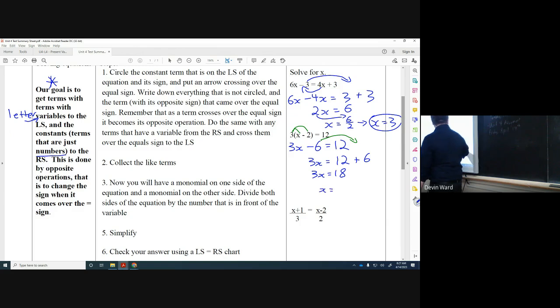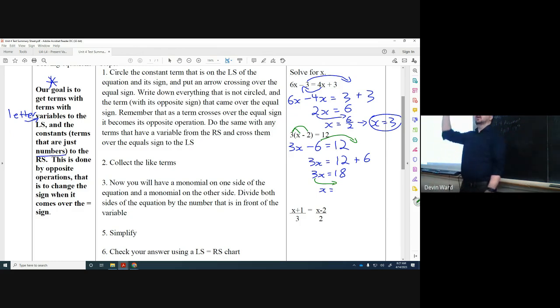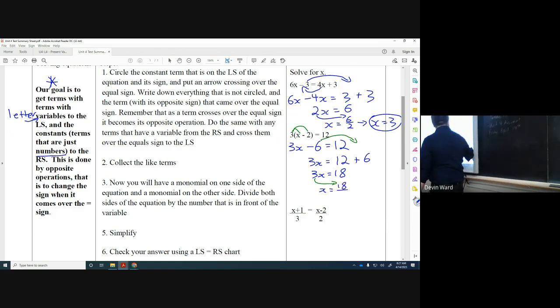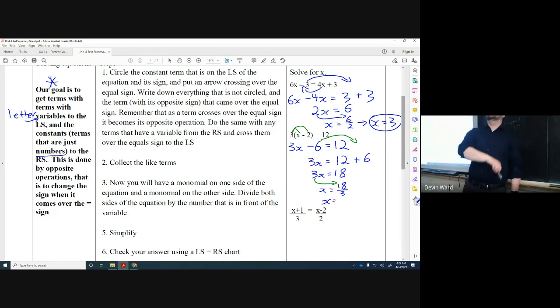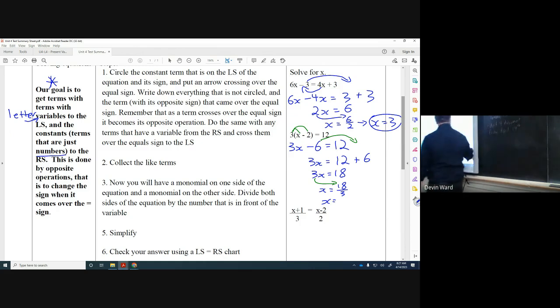To get x by itself, I have to bring over the 3, and remember, I like to always put it down because it'll be what? It would be 18 over 3. Perfect. And then you can just punch this into your calculator, but if you know, it is 6. Perfect.